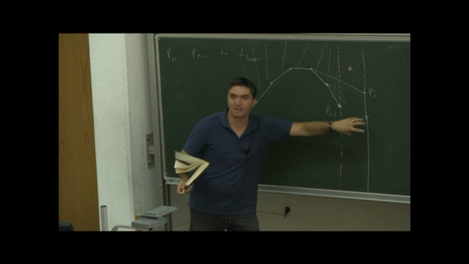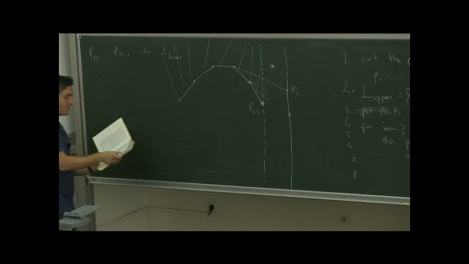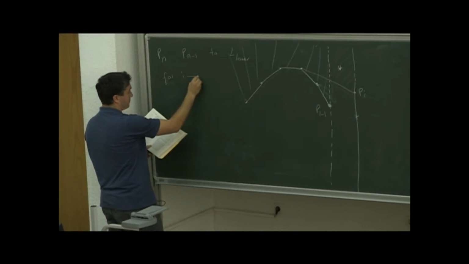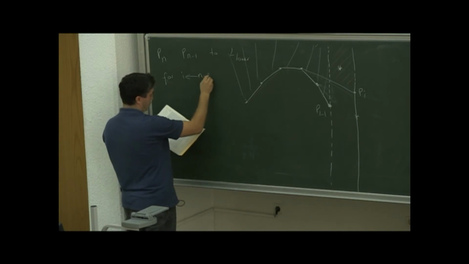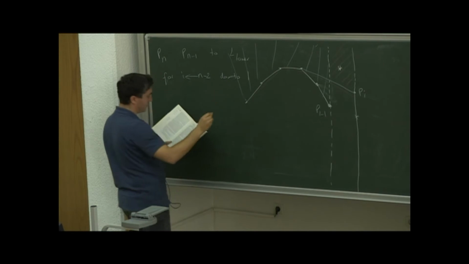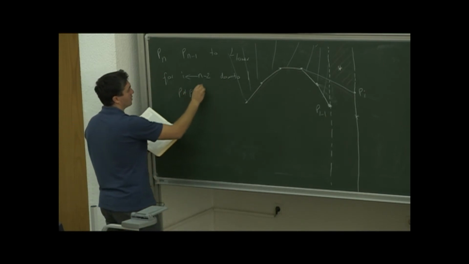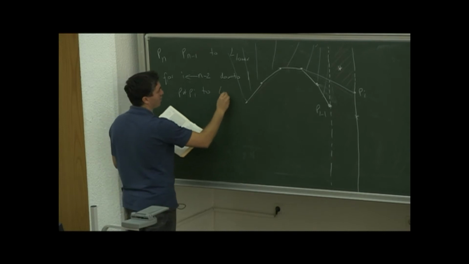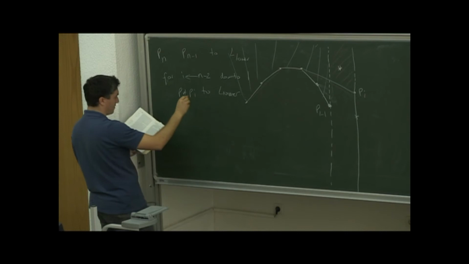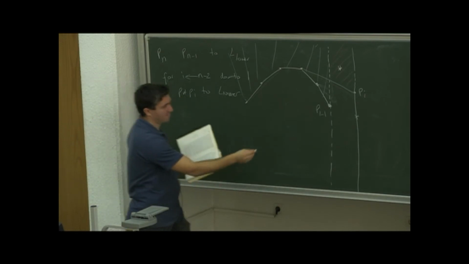We store the last 2 points on the lower hull, and we go in our loop backwards for i equal to n minus 2 down to 1. We put Pi to the lower hull, L lower, and we have exactly the same condition here.